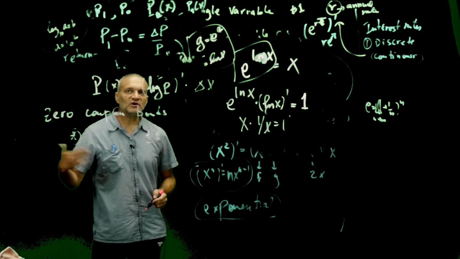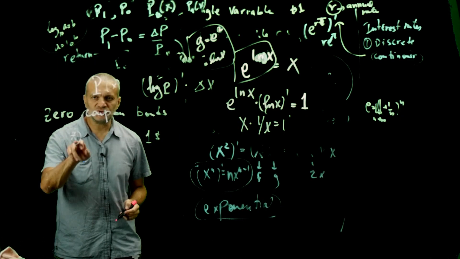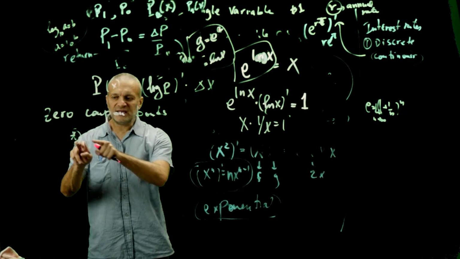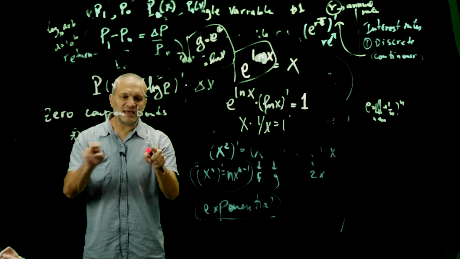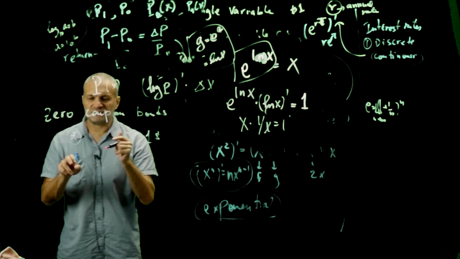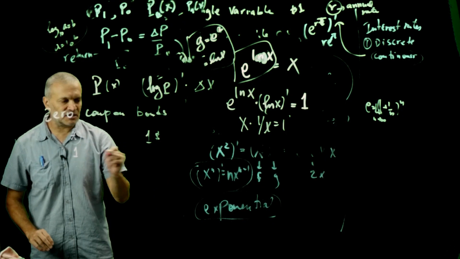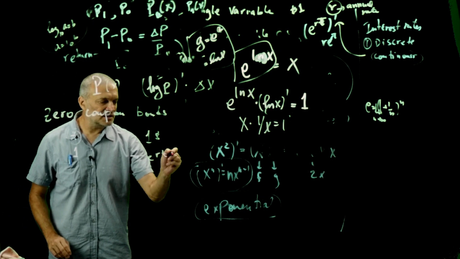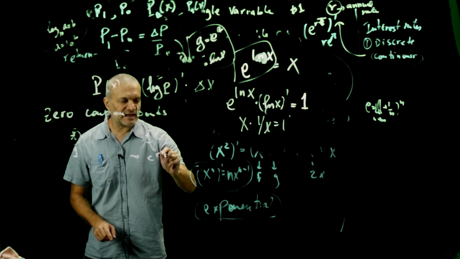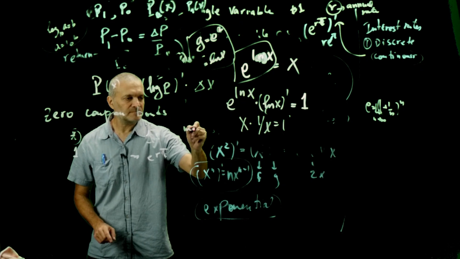How do you evaluate such an instrument? If today you buy something, in time t you are going to have e to the rt. If you invested $1, you're going to have e to the rt. Here t is the time, the maturity.